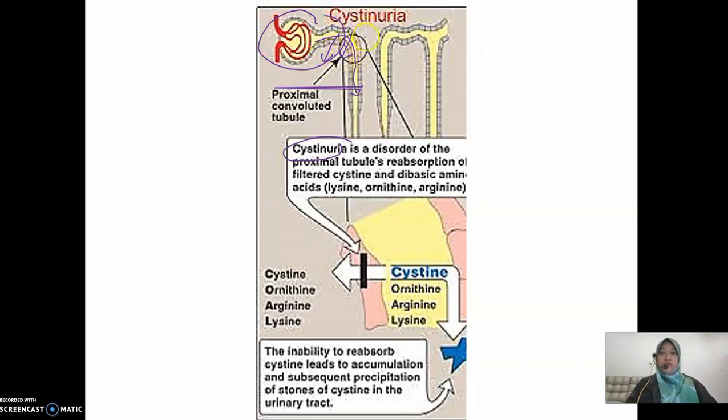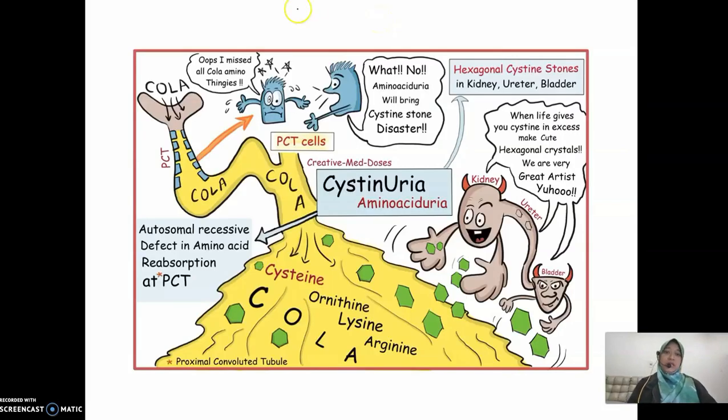However, due to the missing of the carrier protein, cysteine accumulates inside the urine and it will form crystals. And this crystal will block the kidney.